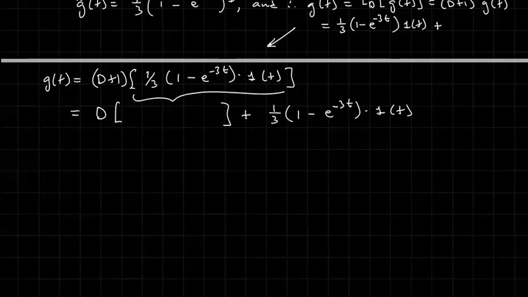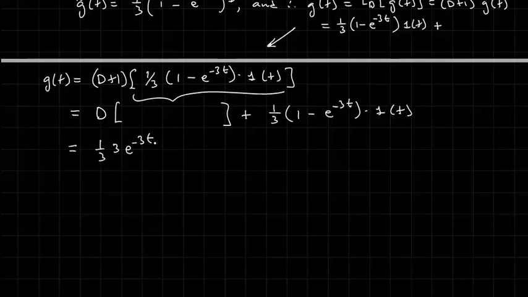So now let's distribute this derivative. What we'll have is, when we take the derivative, we'll do chain rule. We'll have 1/3 times, it'll actually be times 3 e to the minus 3t, right? That'll be the derivative of the first term, plus the derivative of the unit step, which is going to be the delta function, times 1/3 times 1 minus e to the minus 3t, right?